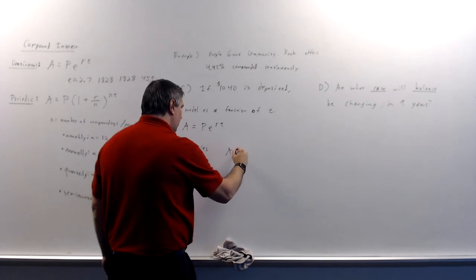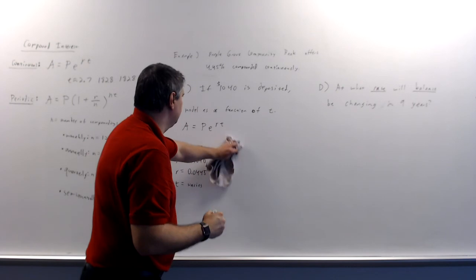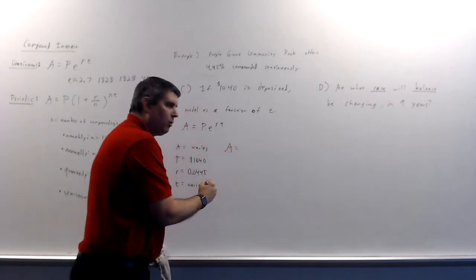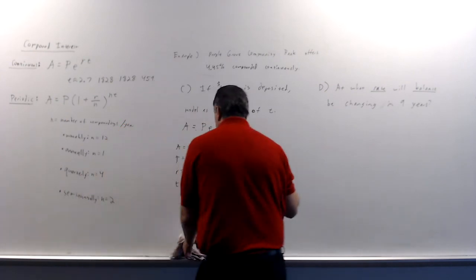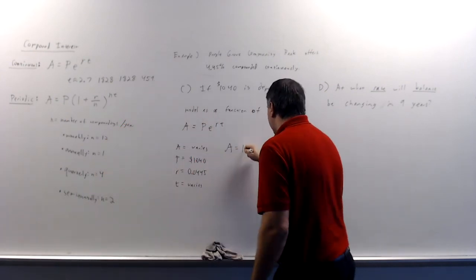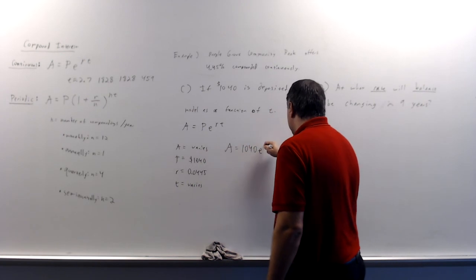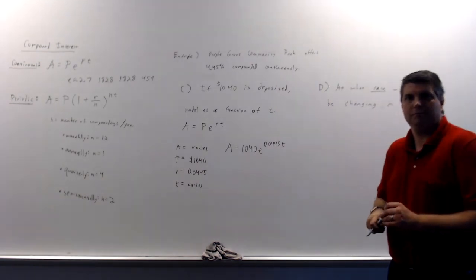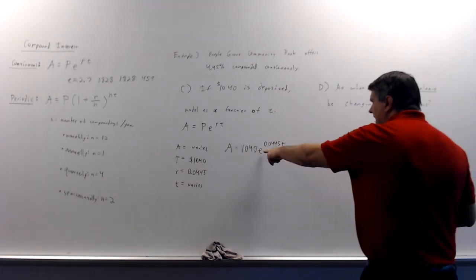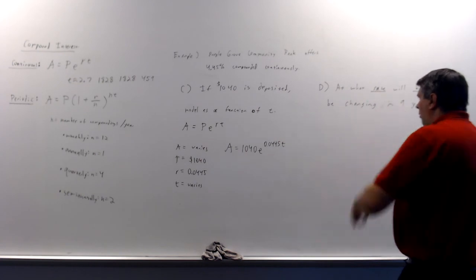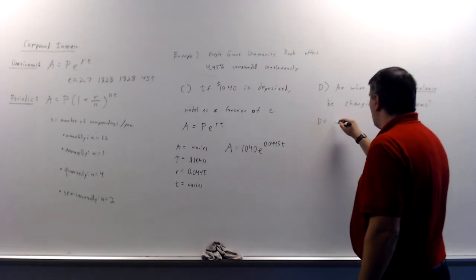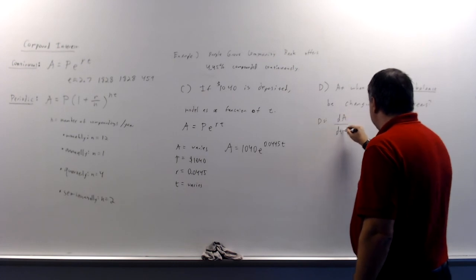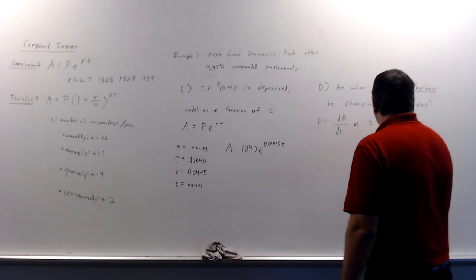So A equals 1,040 e to the 0.0445 t power. Okay, so we will use this to find the model. We are looking for dA/dt at t equals 9.